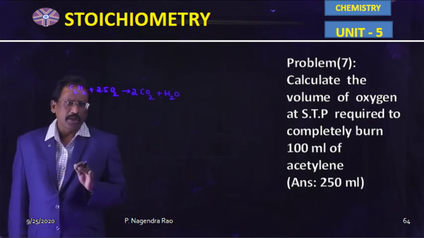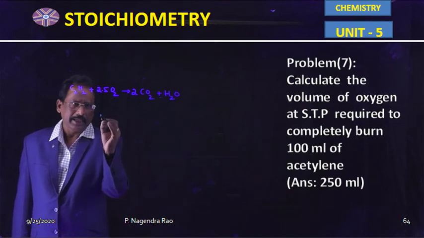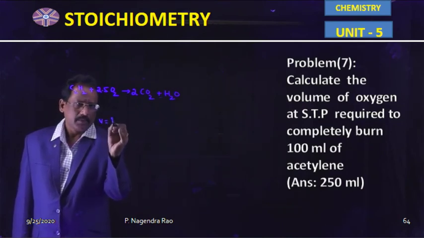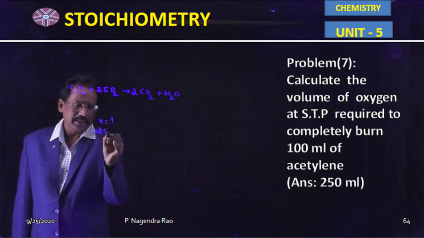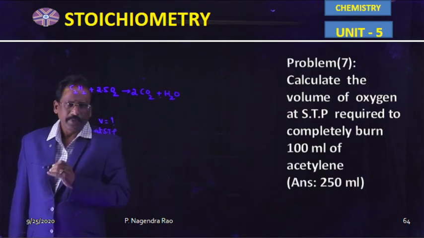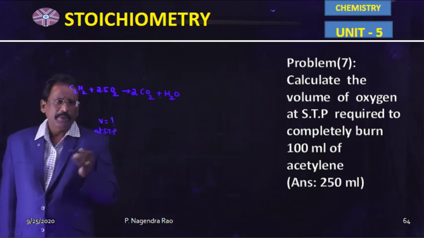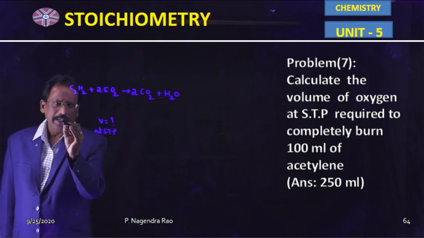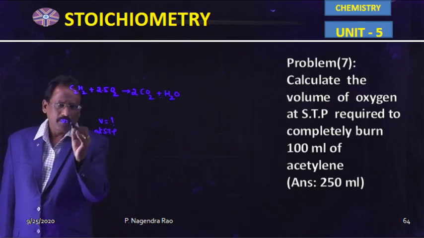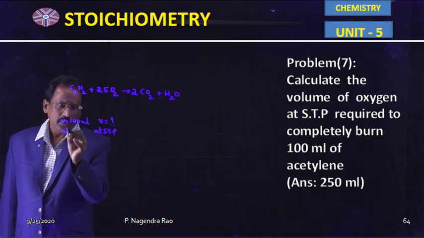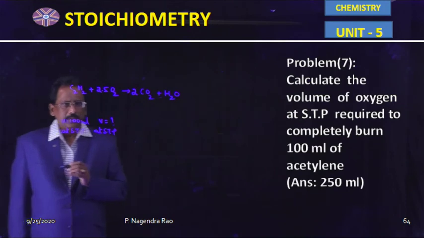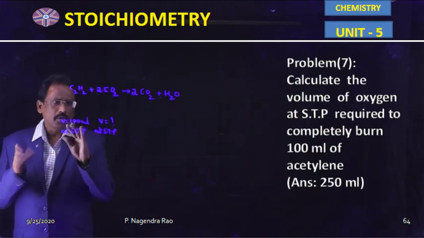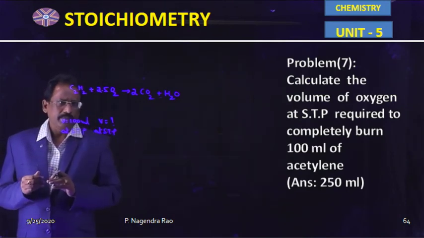Calculate the volume of oxygen gas at STP required to completely burn 100 volume of acetylene. This is also at STP. So this is an example of volume calculation.